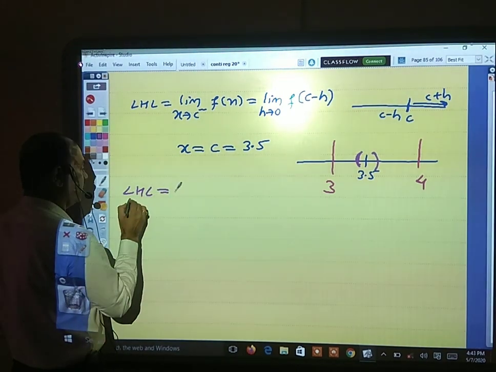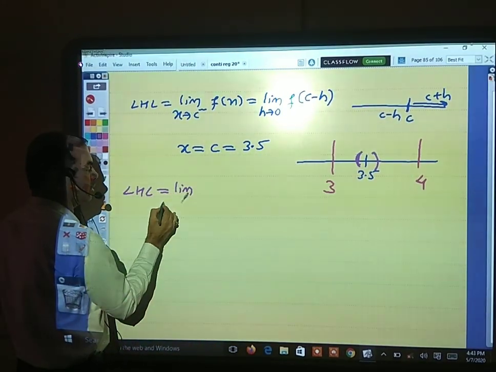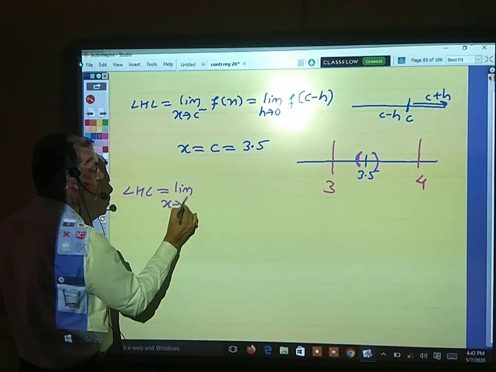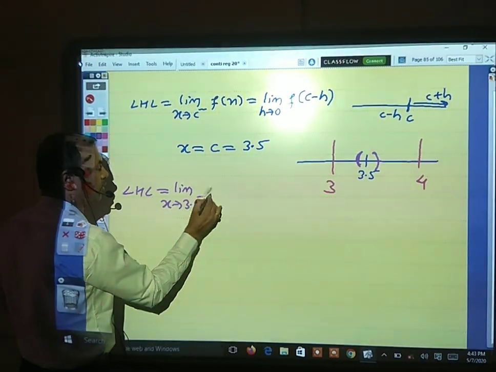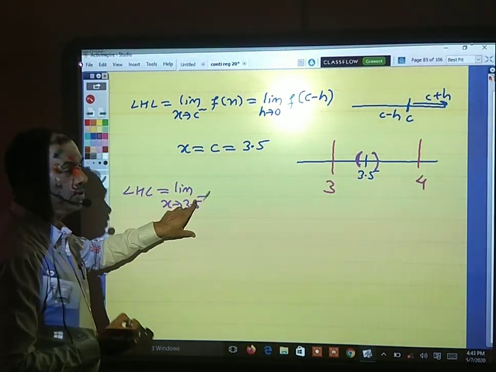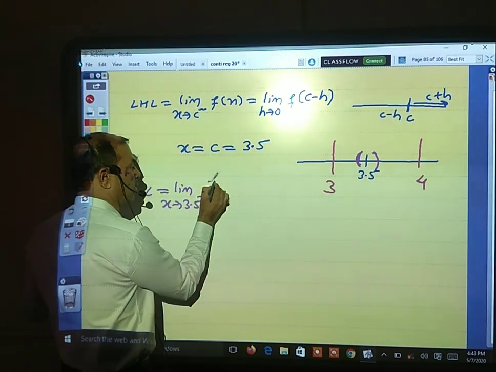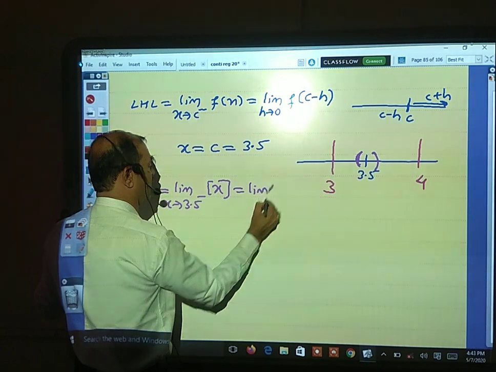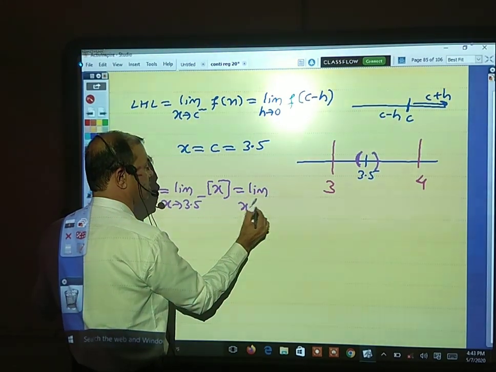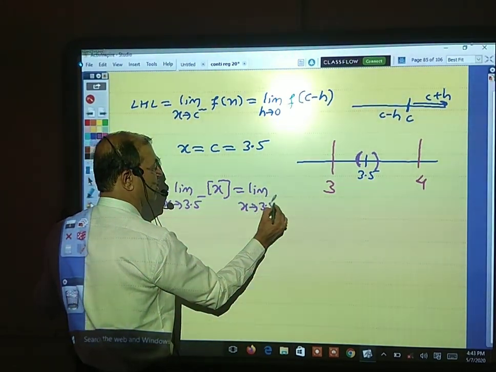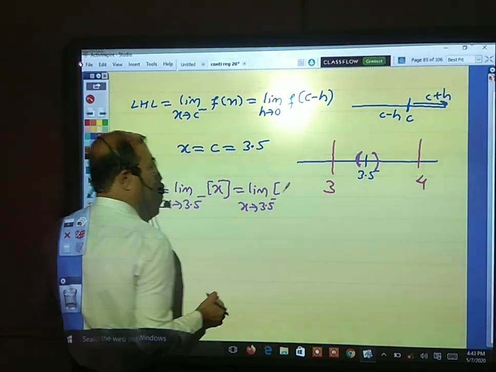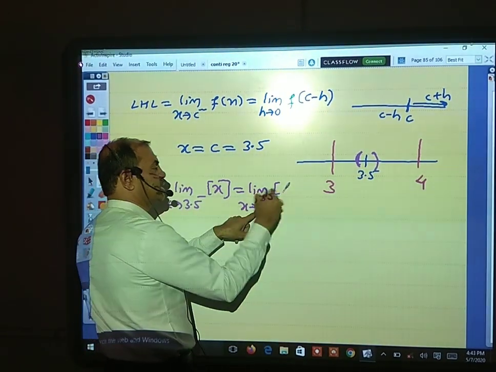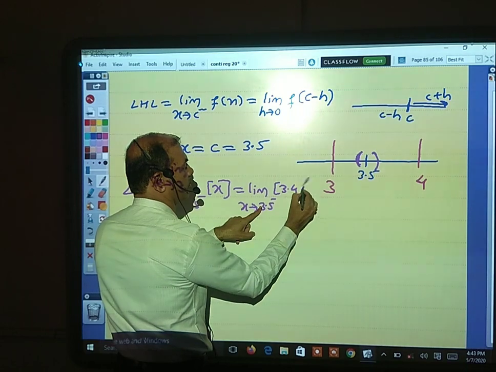Left hand limit, say x tends to 3.5 minus of greatest integer x, or it is limit x tends to 3.5 minus, a quantity which is slightly less than 3.5, say 3.49.